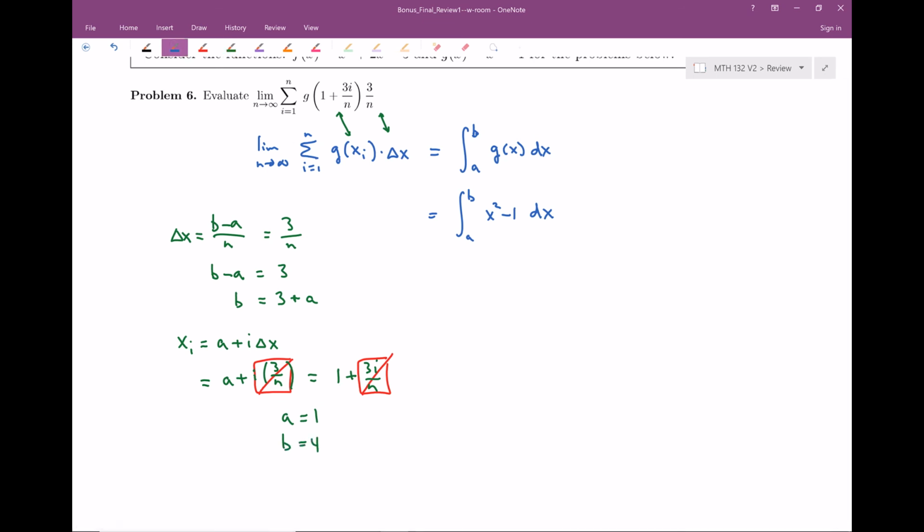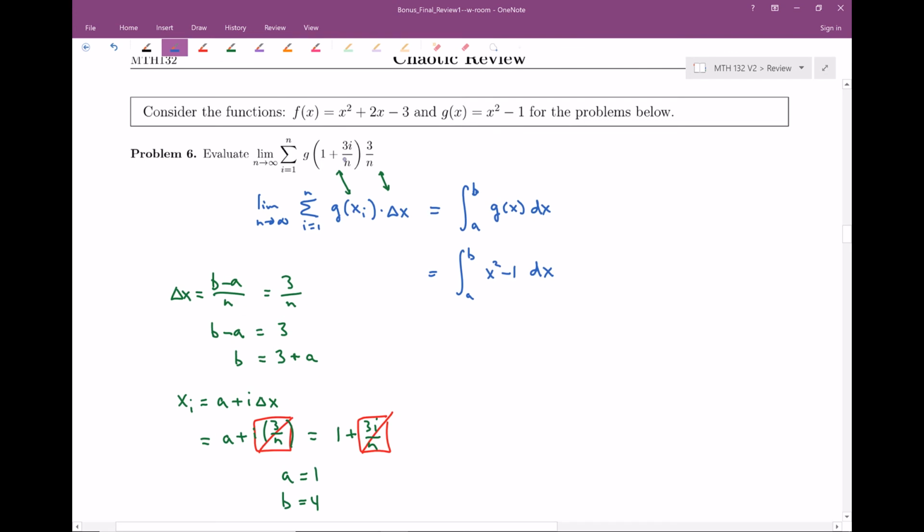So we can solve this problem by integrating from 1 to 4 of x squared minus 1 dx. Now let's take the antiderivative. I'm going to get 1/3 x cubed minus x, and then evaluate from 1 to 4. When I plug in 4, I have 64/3 minus 4, and then I subtract away when I plug in 1, which is 1/3 minus 1.